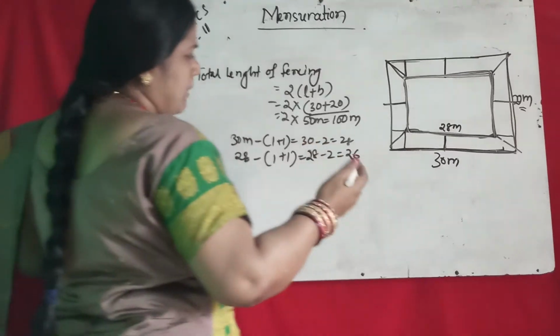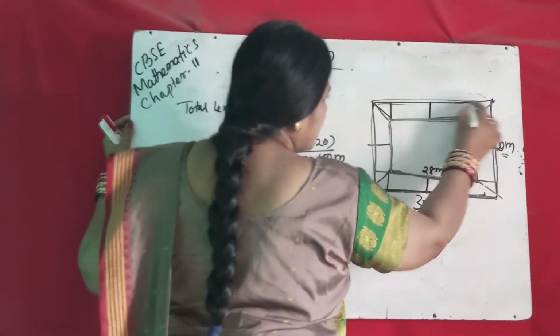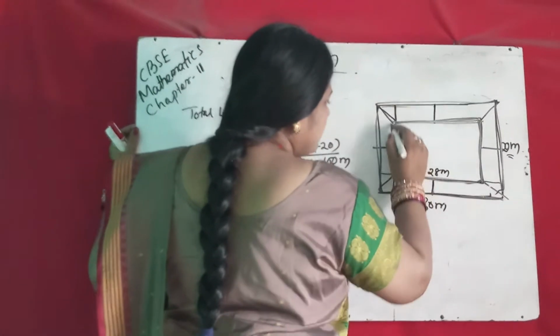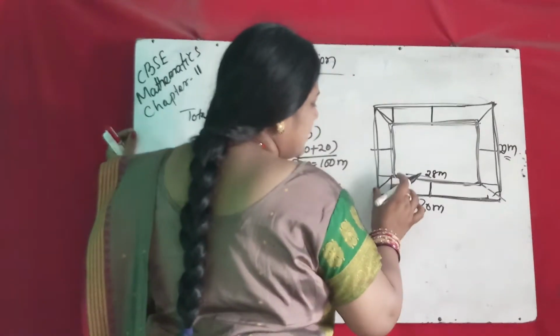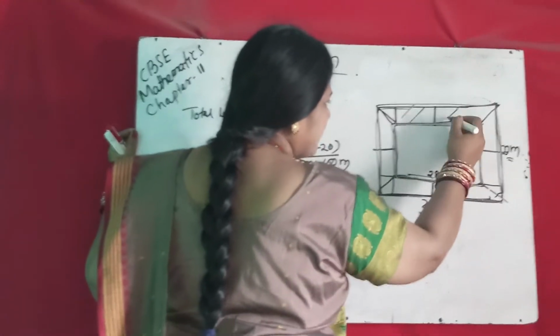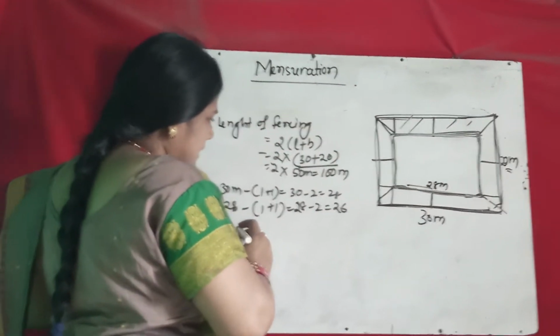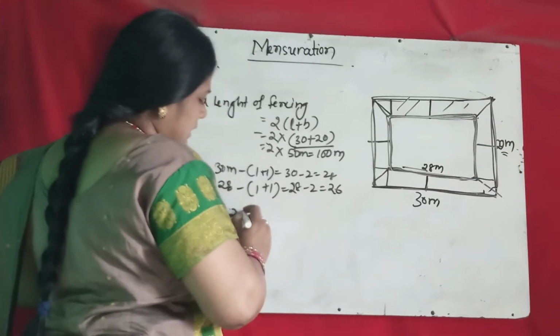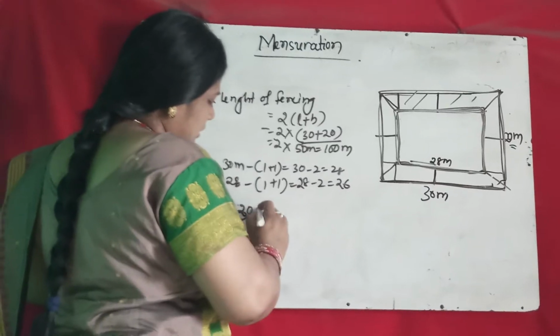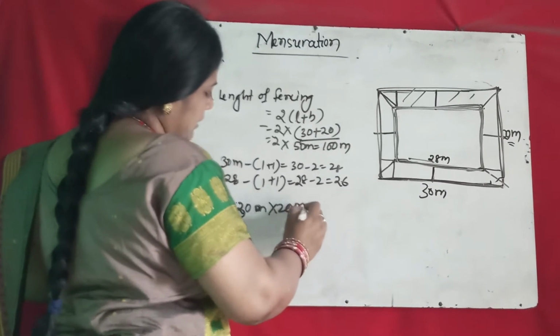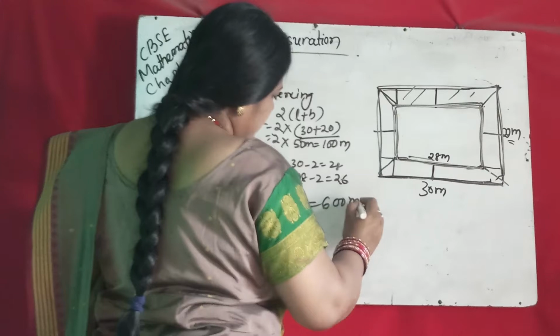If you subtract the area which is not cemented from the total area of the park, you will get the area of the way. So the area of the park is length into breadth, that is 30 meter into 20 meter, that is 600 meter square.